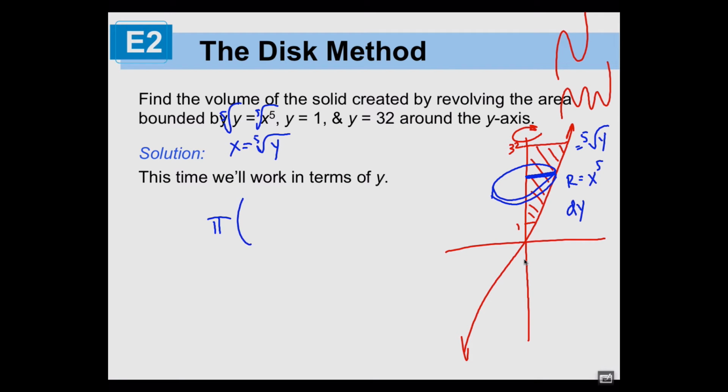Pi r squared, so pi times the fifth root of y, squared, dy. As an integral, that's the volume of one disc. How many discs do I have? Infinite. A lot. And I'm taking discs from where to where?